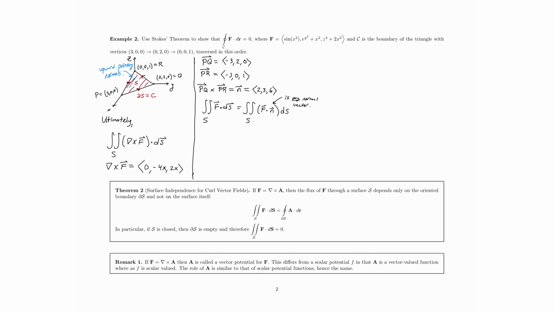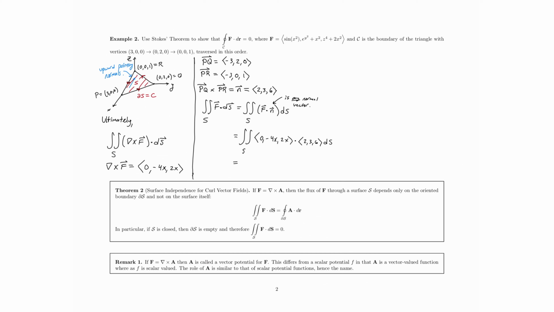So in particular, what we could do is use this fact right here. We can take our vector field, 0, -4x, 2x, and we could dot it with the normal vector we found to the plane right here.